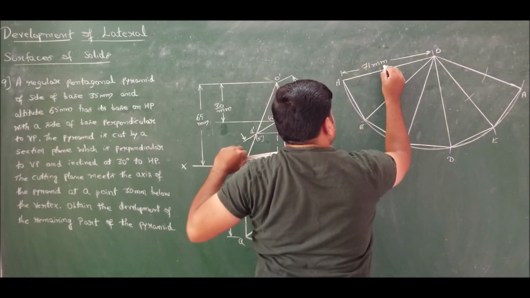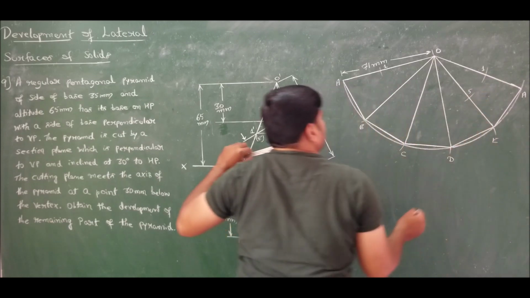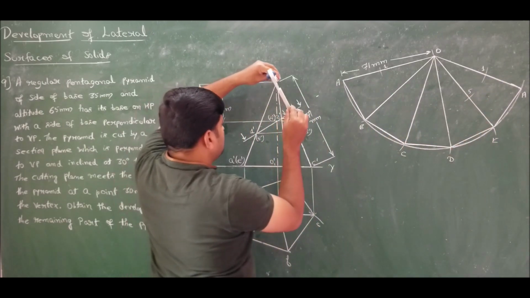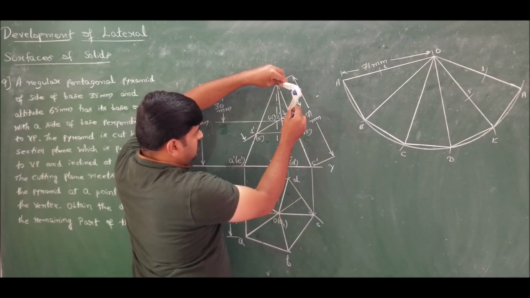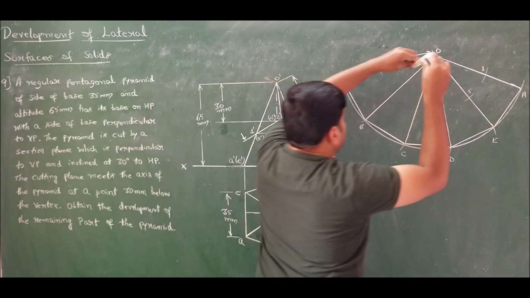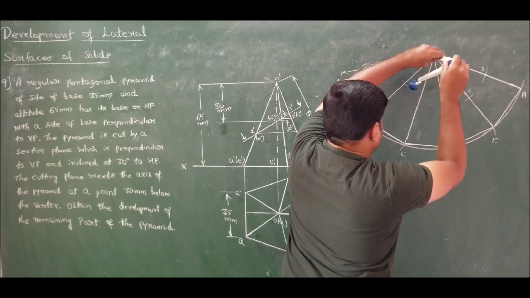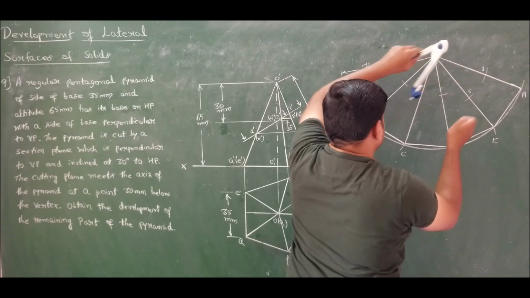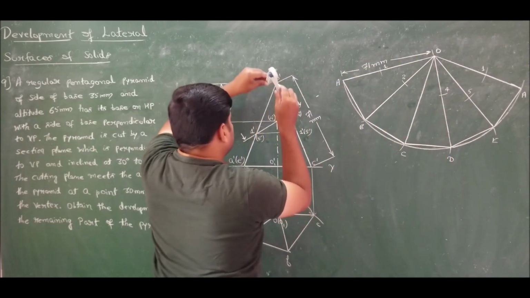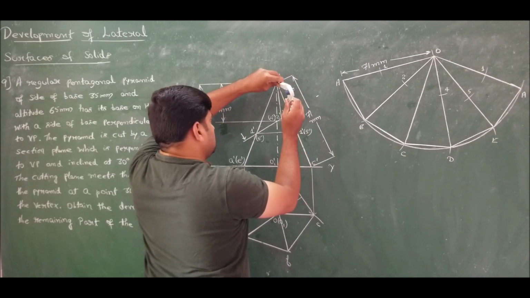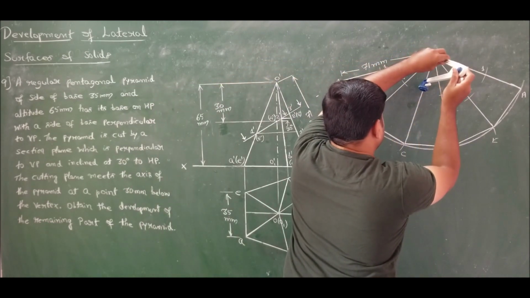Next we have 2 and 4. OB is 2, OD is 4. So this is 2, this is 4. Then we have 3 on OC, on O to C, lay down 3.